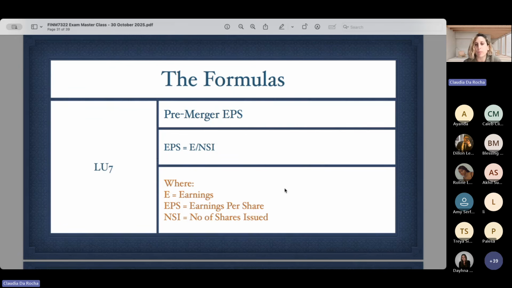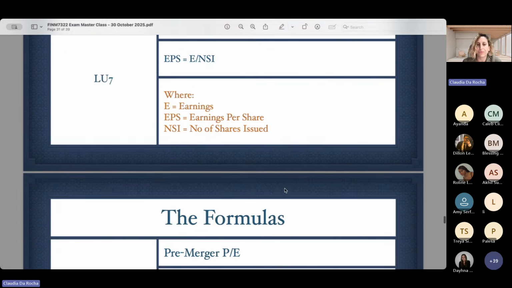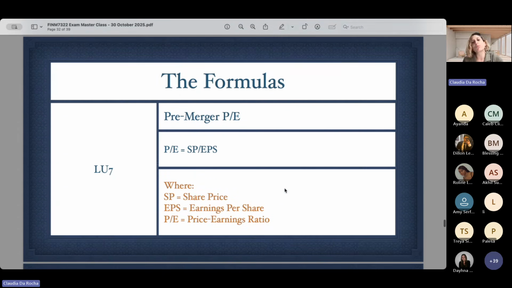Your pre-merger EPS is for both the acquiring and target companies, and it is the normal earnings per share formula that you've known ever since your second year. Earnings per share is equal to earnings over your number of shares issued. There's no difference here. Same with your pre-merger price earnings ratio for both the target company and the acquiring company.